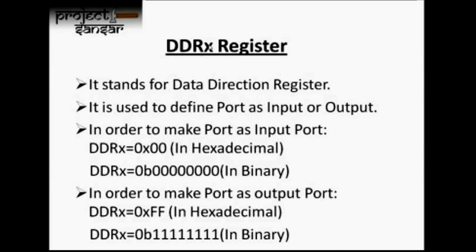DDRX register. Here the X could be replaced by B, C or D. So what is the function of a data direction register? It is used to define the port as input or output.